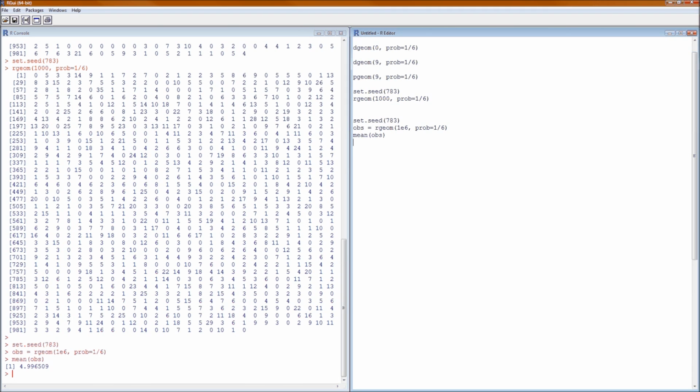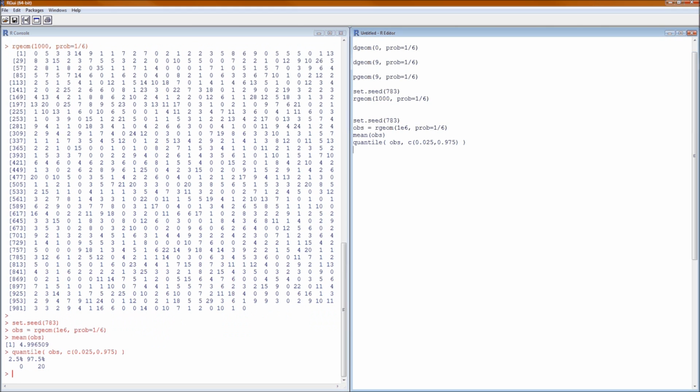And I can also get quantiles for that. These are the estimated quantiles. So I'm estimating that I have a 95% probability of having anywhere between 0 and 20 rolls before I get my first one.